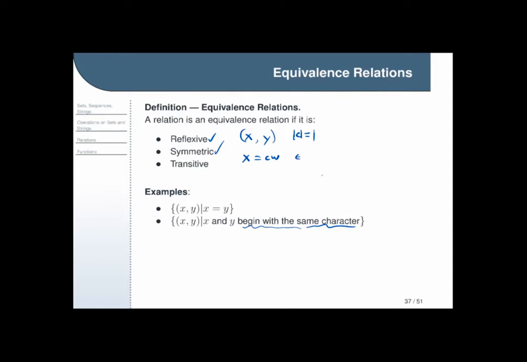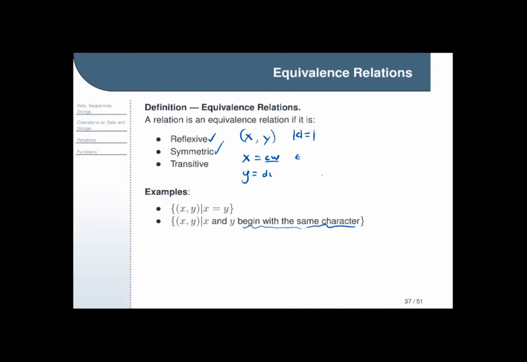All right, so I can rewrite this. x, as long as x is at least one character long, I can write it this way. And I can do the same thing with y, but I don't necessarily know that x and y are the same. In fact, in general, they are not. So I just use some different variables to express this.